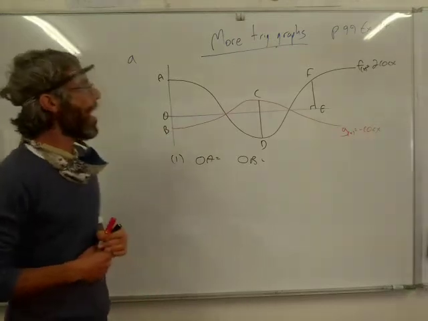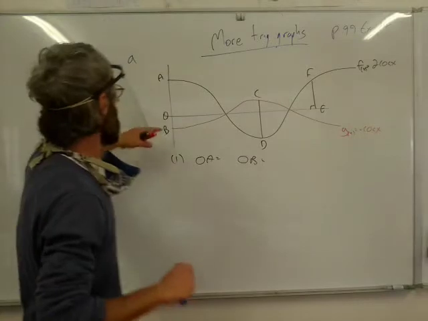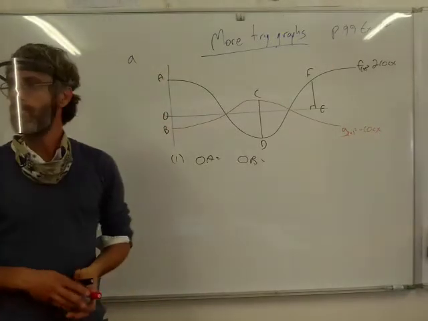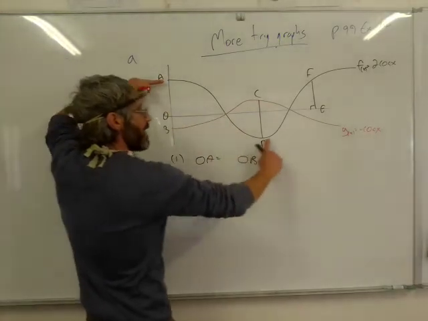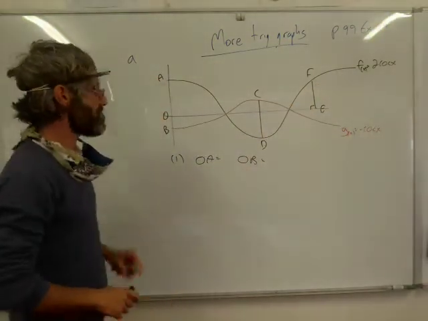Let's start with OA. Looking at the graph, obviously to do with the black graph, 2 cosine x, what will the length OA be?